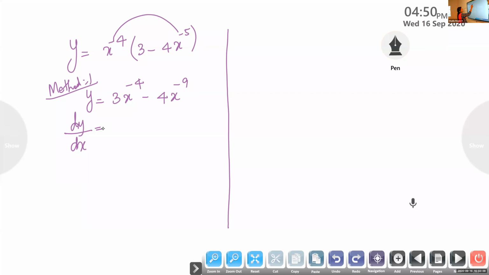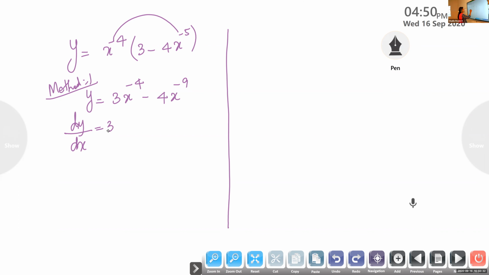After finding the derivative, you are asking. Up to this point, is it clear? Yes, ma'am. Okay, then next you find the derivative. If there is a negative, is there any problem? No problem. As usual, in the same way you have to do.